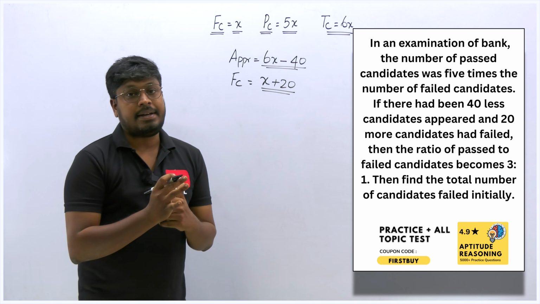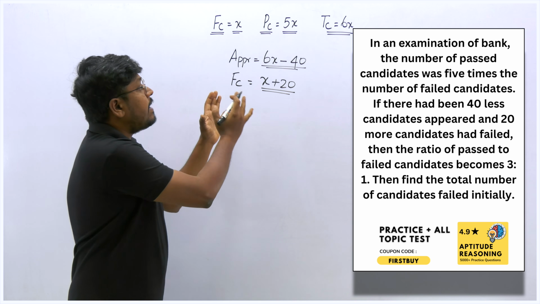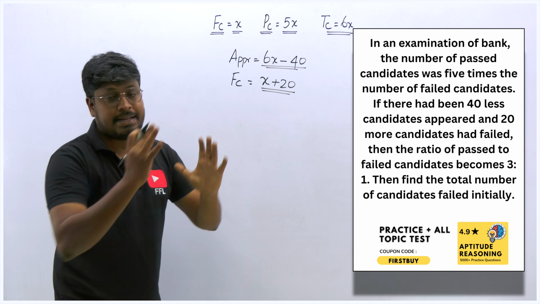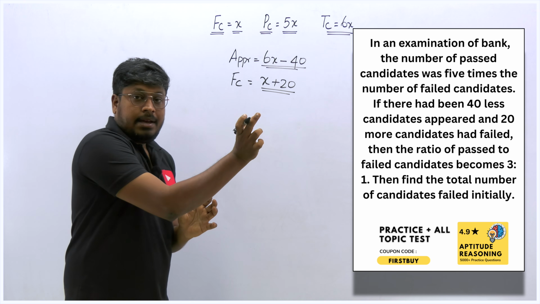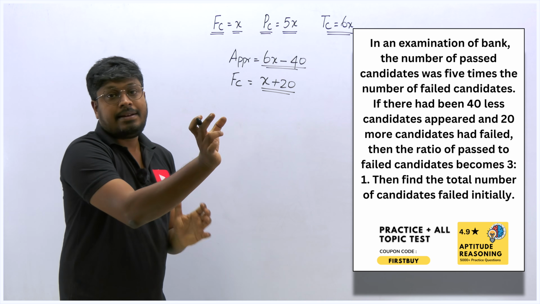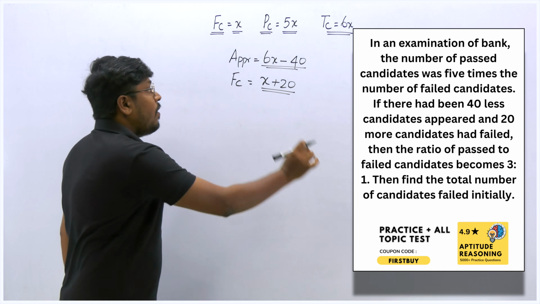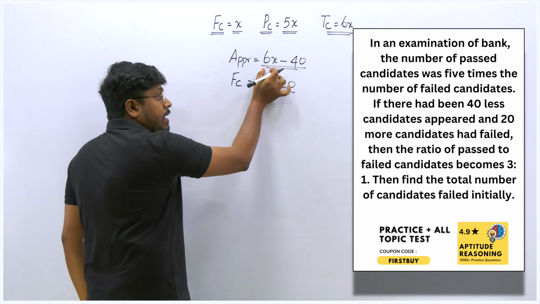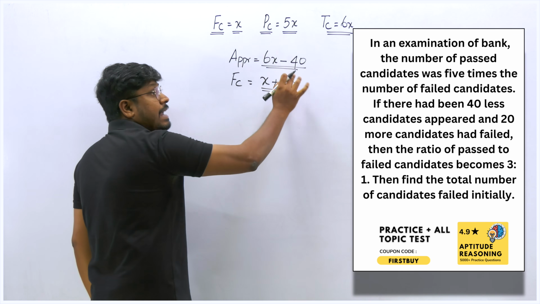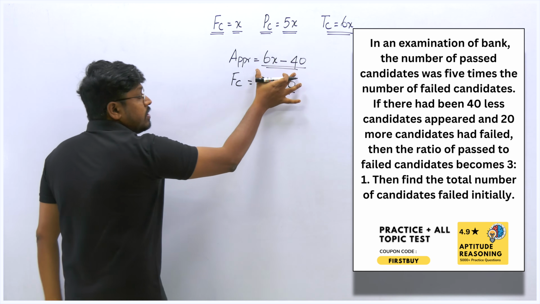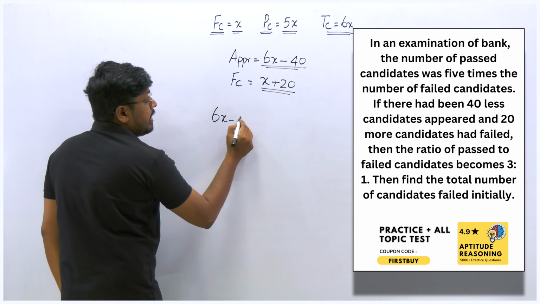So how will you find it? Just think how we can find the passed candidates. From the total candidates appeared for the exams, if you subtract the failed candidates, the resultant will be the passed candidates, right? We already know that the total appeared, since 40 candidates did not appear, will be 6X minus 40.